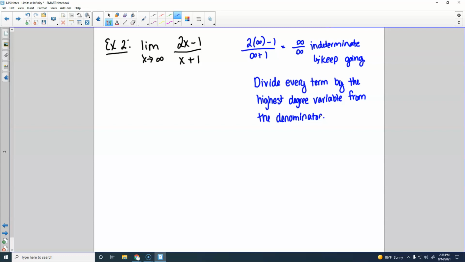What is our highest degree variable from the denominator in this particular case? It's the x. Degree means the exponent on the variable. In this case, you just have the x. But if I had an x squared down there, I'd divide everything by x squared, whatever the highest exponent is. So what I'm doing is I'm dividing every term by x. And this is okay to do as long as I divide every single term by x.